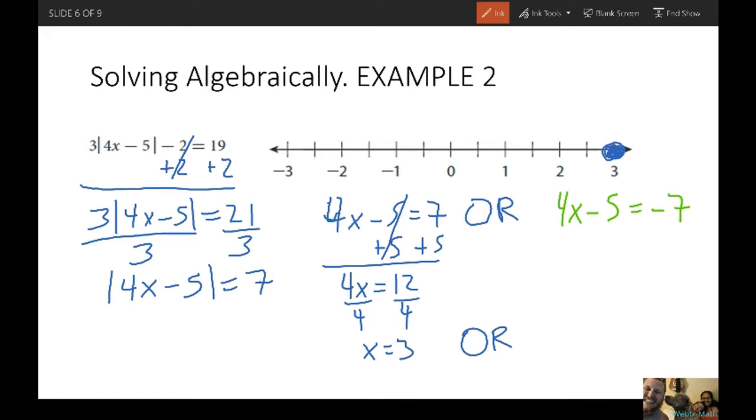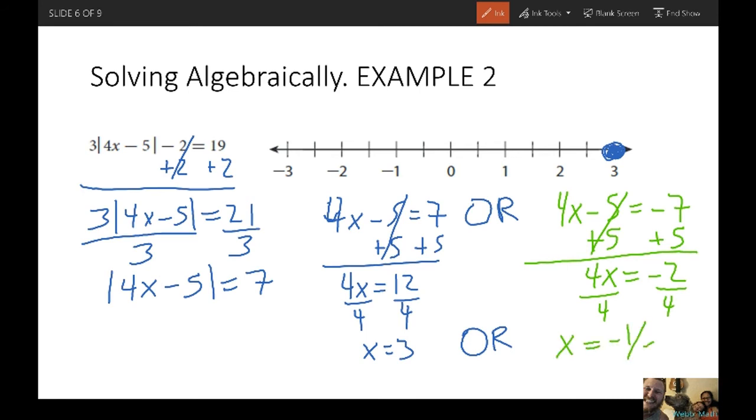There we go. For our green guy, we will do the same process. Notice how we were going to get a different answer, though. Got -2 this time because -7 plus 5. We'll use the division property. x equals -1/2.